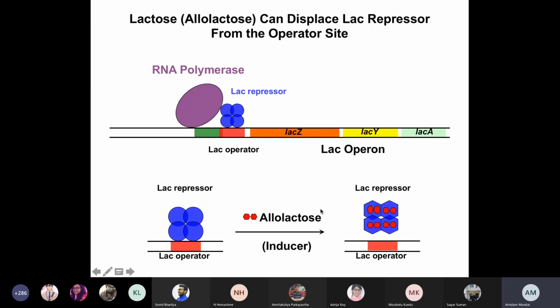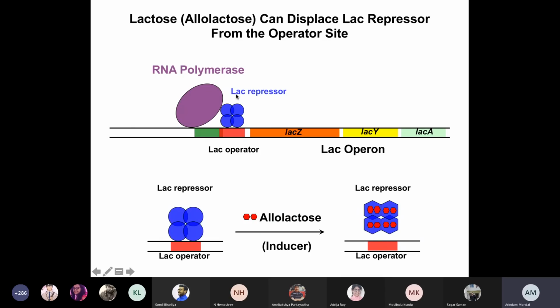So once the circuit switches on, it will keep on synthesizing more and more beta galactosidase and lactose permease in a positive feedback loop, because the more it synthesizes, the more it metabolizes and breaks the lactose, there will be more formation of allolactose, and that allolactose will keep on releasing the lac repressor from the lac operator.